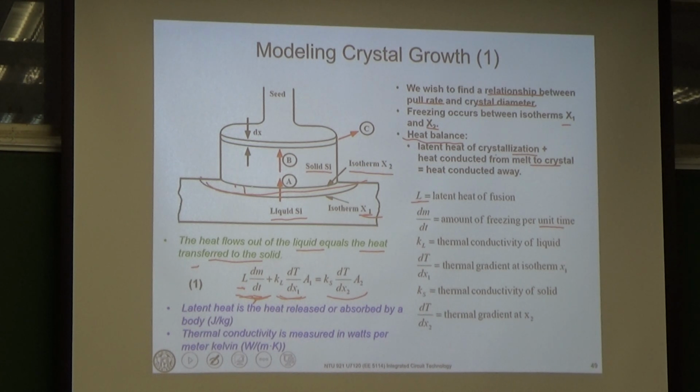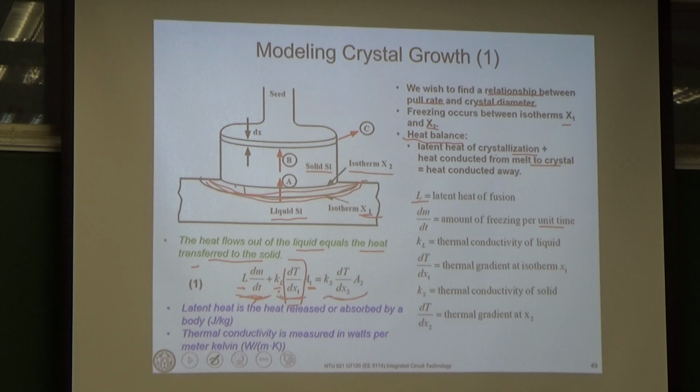We use the thermal conductivity of the liquid, KL, and dT/dx1 along this isothermal line, and the area A1. So that's the heat flow out of the liquid. It will either conduct from melt to crystal, or begin to change from liquid to solid, so that will lose heat as well.